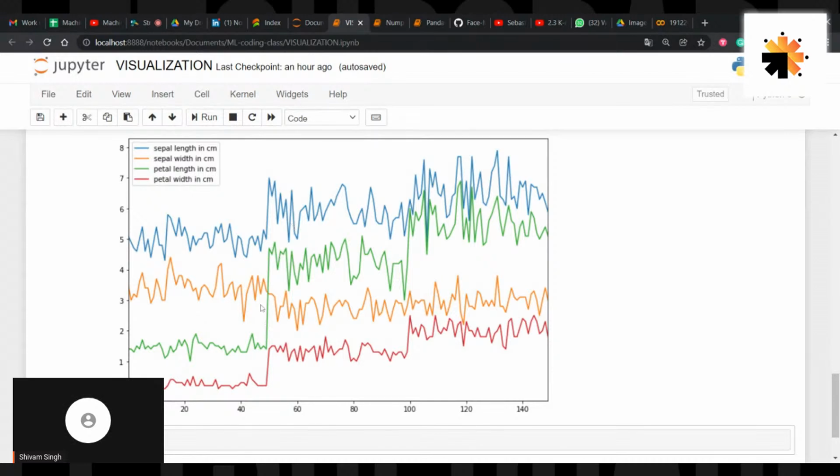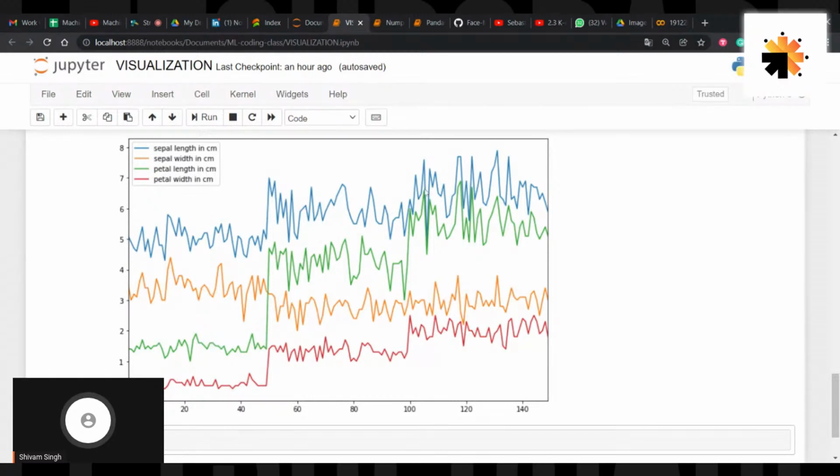It might be possible that the lowest value is 1, and the maximum value is around 6.8 something. In comparison to this petal length, you see lesser fluctuation in any other feature. Even petal width is not having this much fluctuation. Sepal width is not, and sepal length is also not having this much fluctuation.